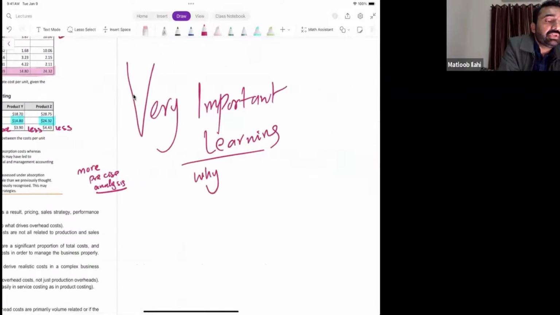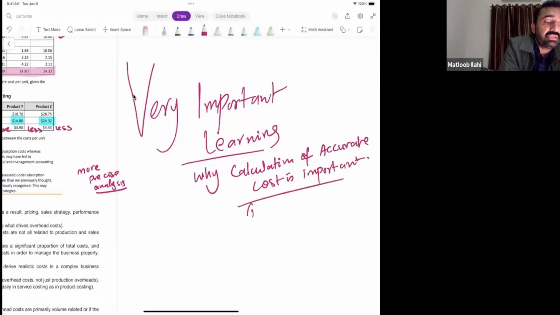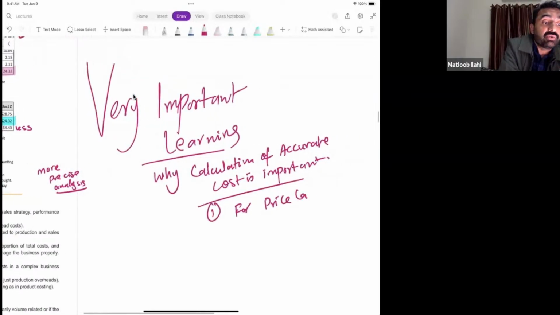Why is calculation of accurate cost important? Accurate cost is important for profitability, for price calculation, because price is calculated using the cost. So if cost is not accurate, price will not be accurate.